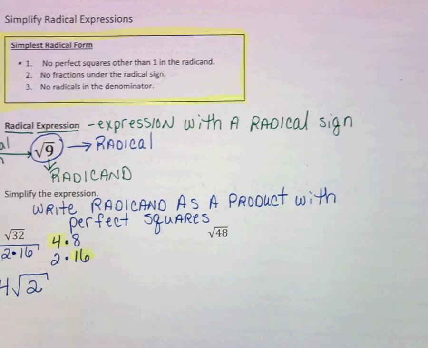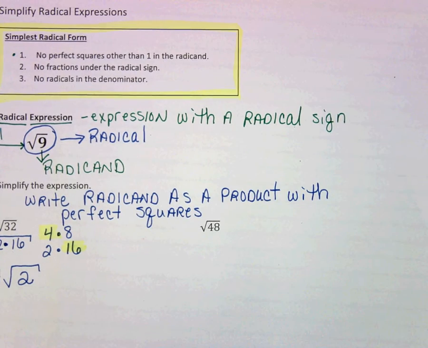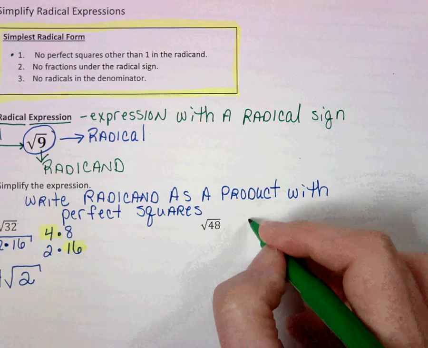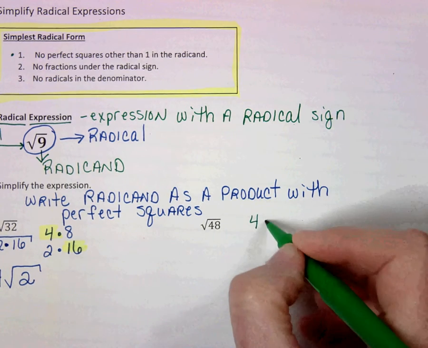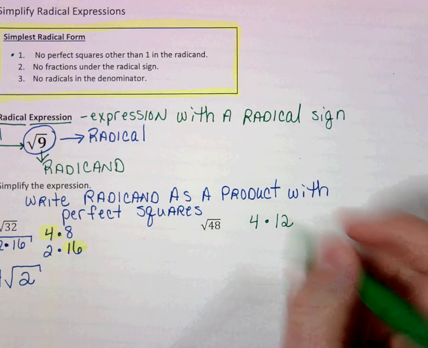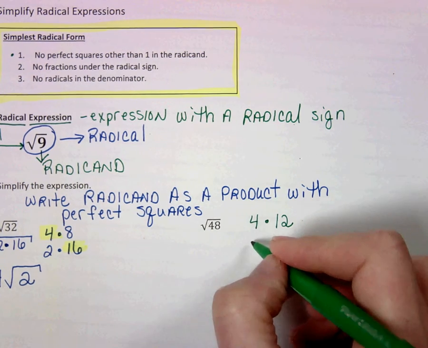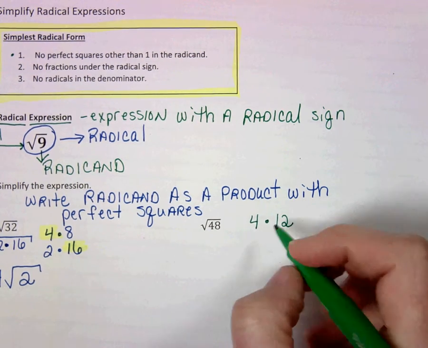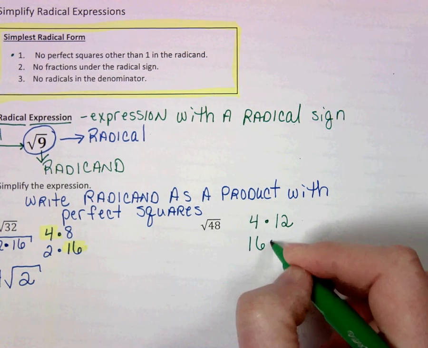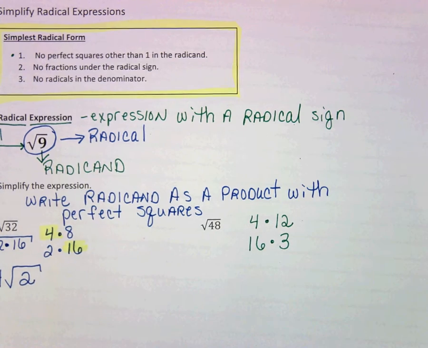Okay, another example. Square root of 48. Again, I want to think of perfect squares. So, of course, 1 is a perfect square. That's not going to help us. 4 is a perfect square. That would be 4 times 12. That works for 48. 9 is a perfect square. It doesn't go into 48. Let's see. Then we have 16 is a perfect square. So in this case, the 16 is going to work for us.